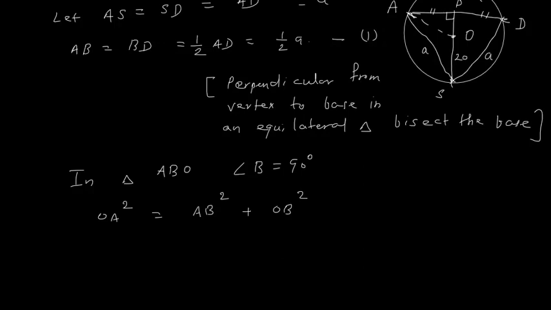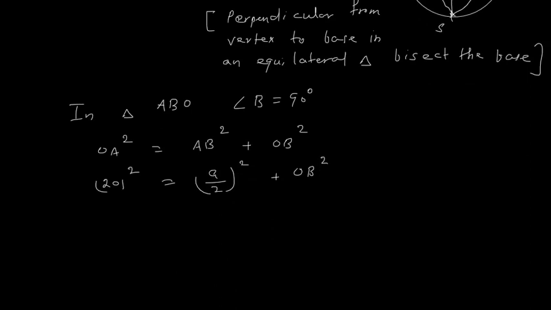Now OA is 20, so 20 square is equal to A by 2 whole square plus OB square. Now the value of OB square we don't know, so we get OB square is equal to 400 minus A square divided by 4. Therefore OB is the square root of 400 minus A square divided by 4.